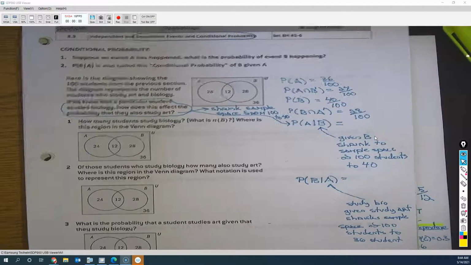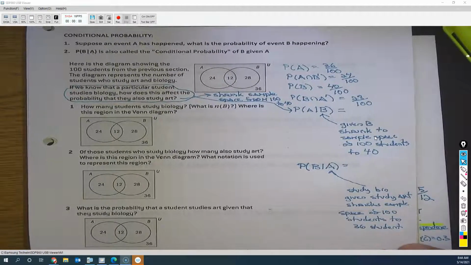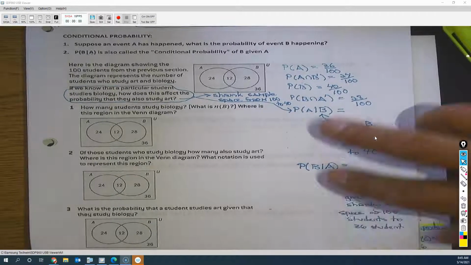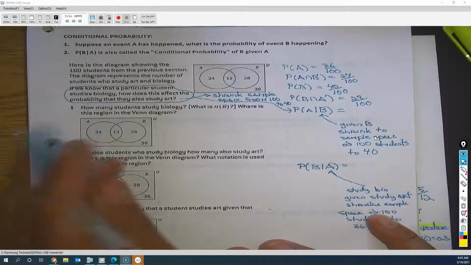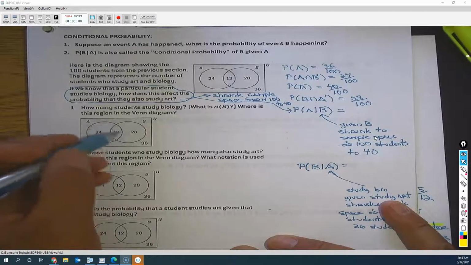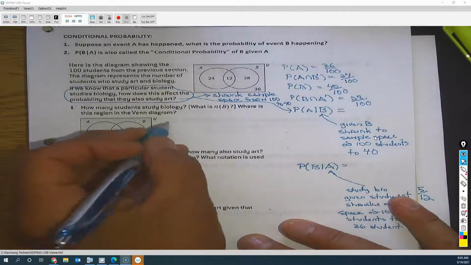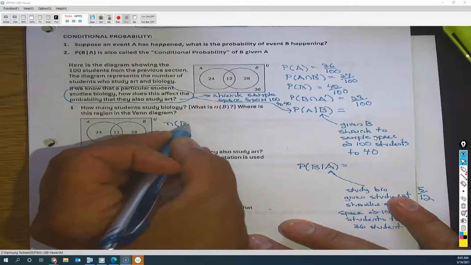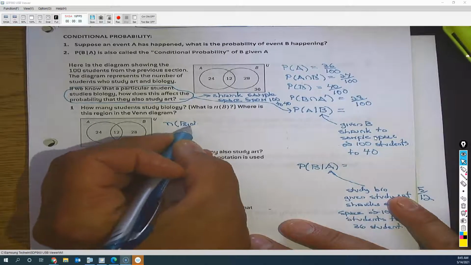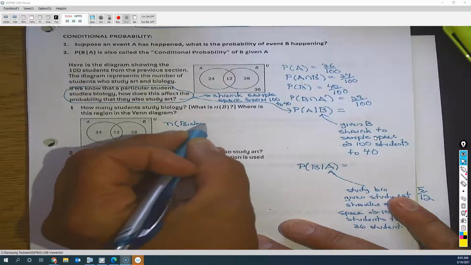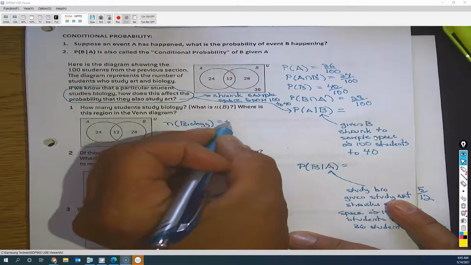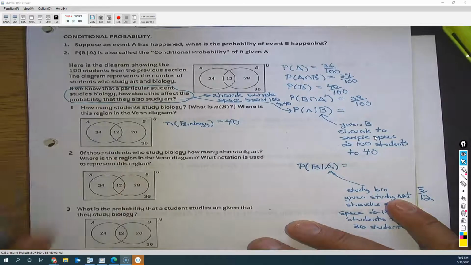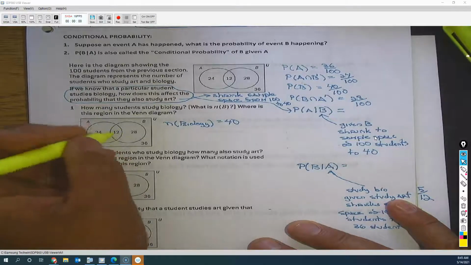All right, so that's what this does. Let's look at it as an example here. It says how many students study biology? The number of students that study biology, that's with the little n on it: number of students, biology. We already said that was 40, and that's represented by this area on your diagram.